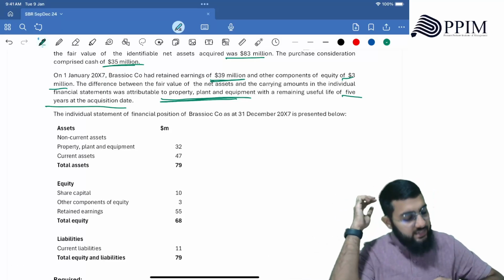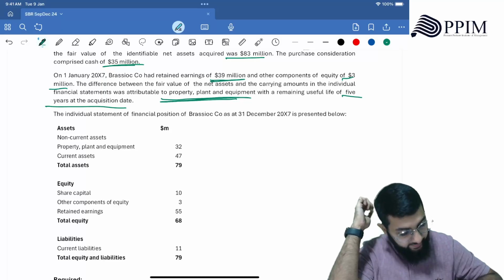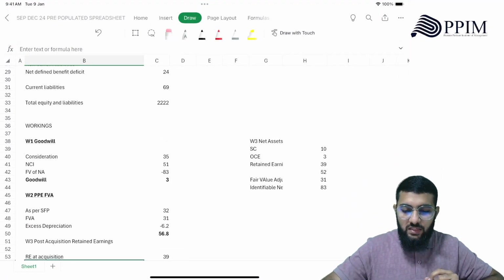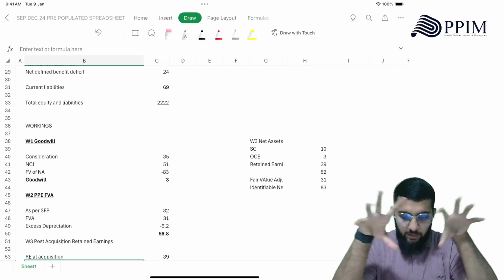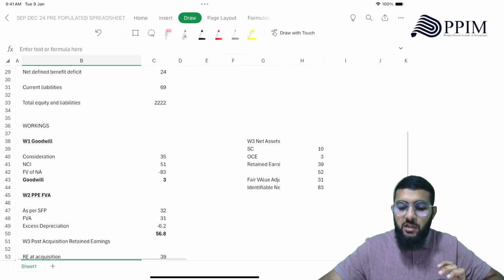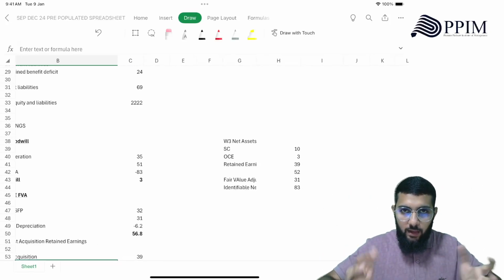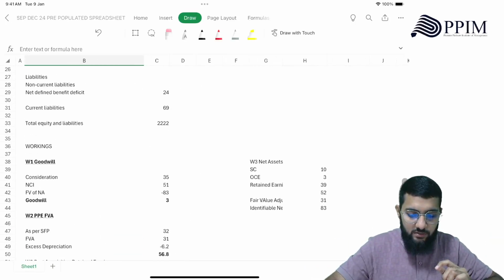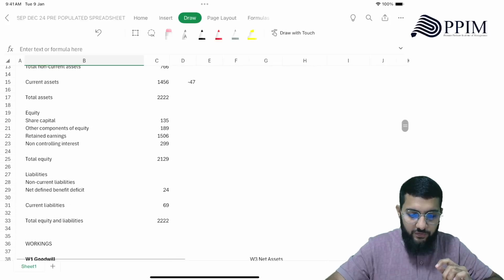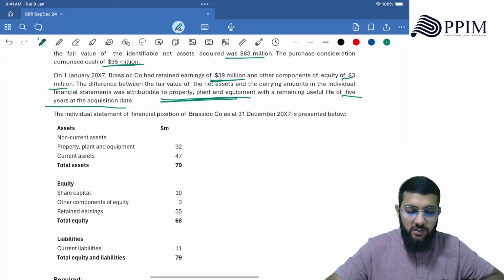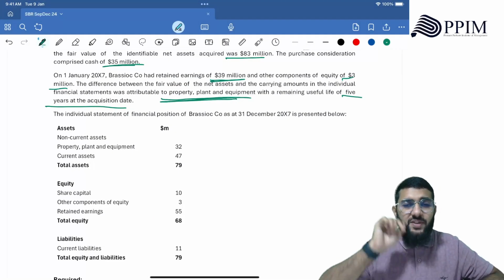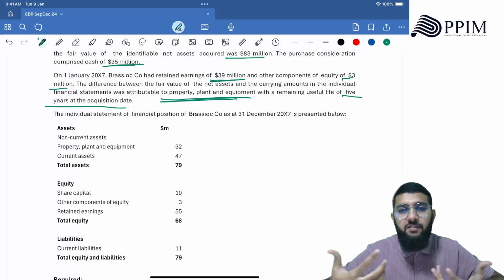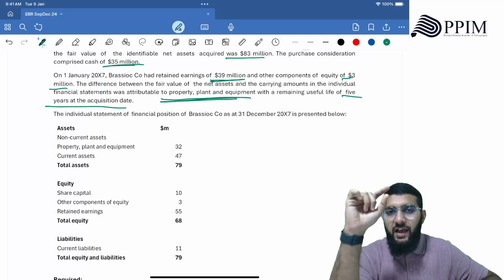So retained earnings at acquisition, when we look at that, always remember, although we did not do a complete working at the pre-acquisition stage, we know at acquisition and post-acquisition, the 55 retained earnings that is given here, there would have been the excess depreciation adjustment, right? The identifiable asset, what do we have?